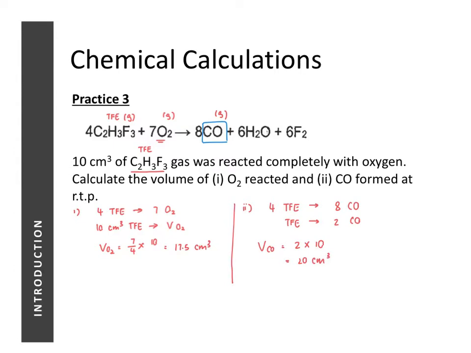Alright, so once again, if in a chemical calculation question, whatever that's given and whatever that you want to find are both gases, then we can use Avogadro's relation, where mole ratio is equal to volume ratio. Even more so if the whole reaction involves gases.